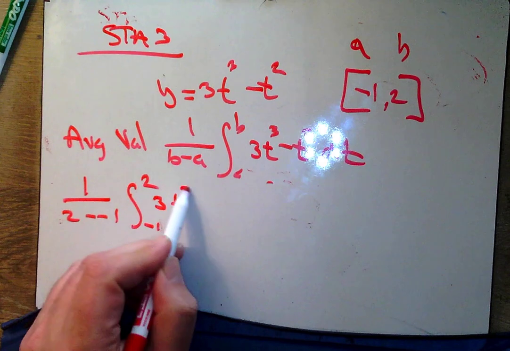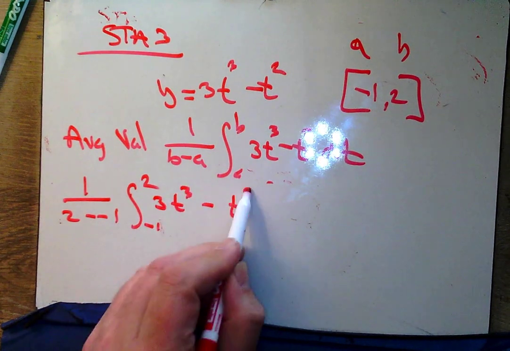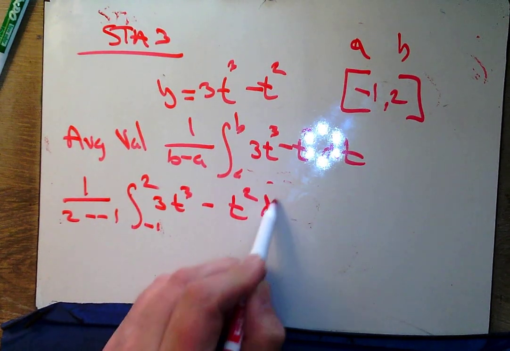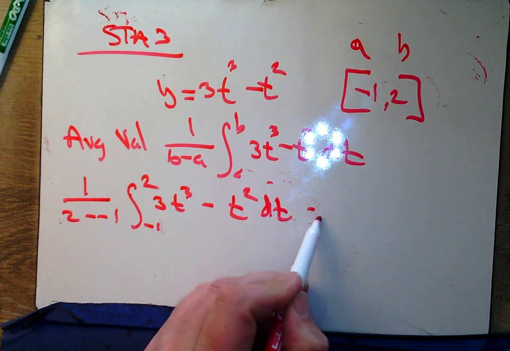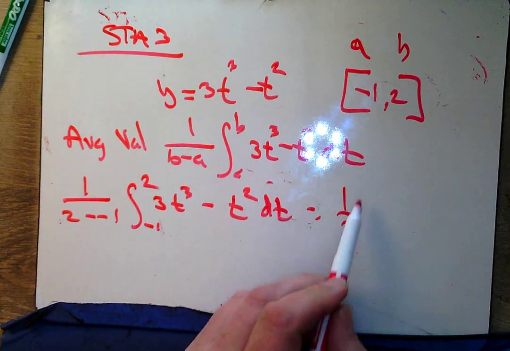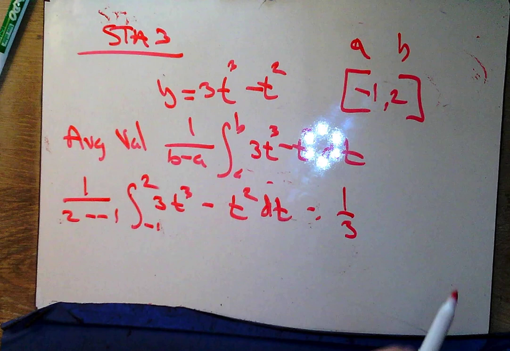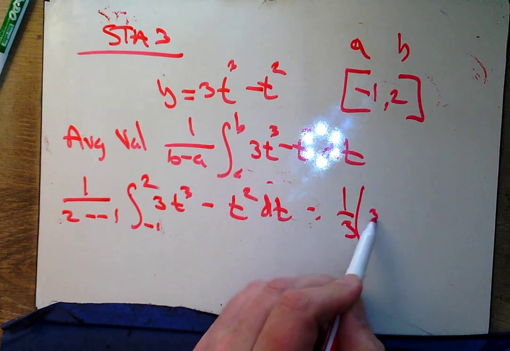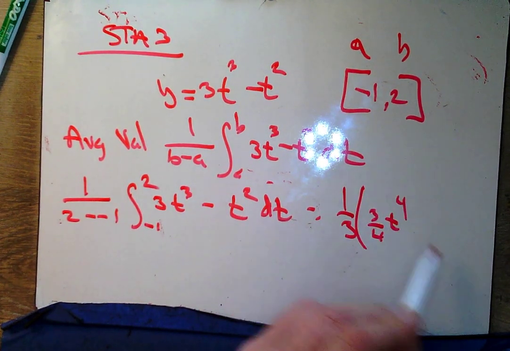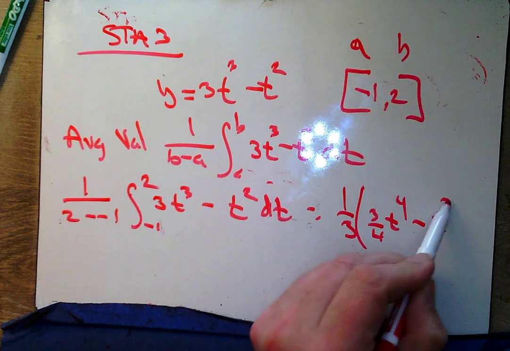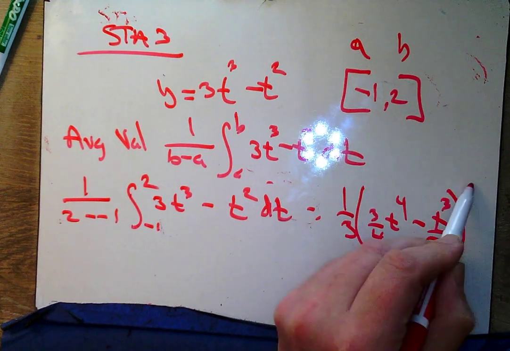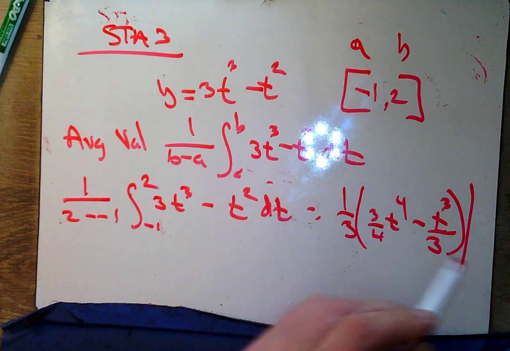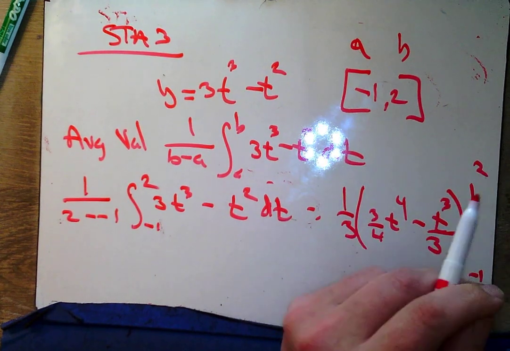So I'm going to do it as 2 separate steps, just like Leibniz intended and the College Board would like to see. And so this is going to be 1/3. Now I'm going to do the antiderivative and say that'll be 3/4 to the fourth minus 2 to the third over 3. And I would like to evaluate that from -1 to 2.